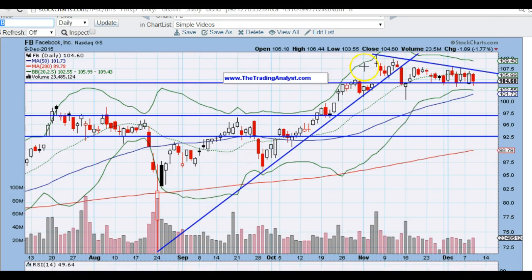But when we have a trend line break, this is even more obvious than over here, because we have a little bit nicer of a downtrend line here, and we're hanging out below the middle Bollinger Band for a lot longer than we did over here.